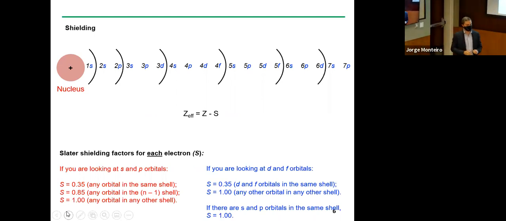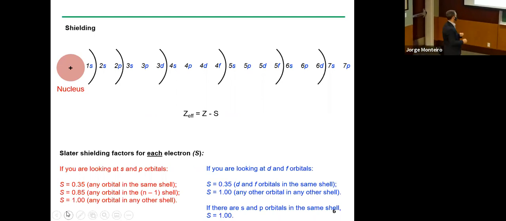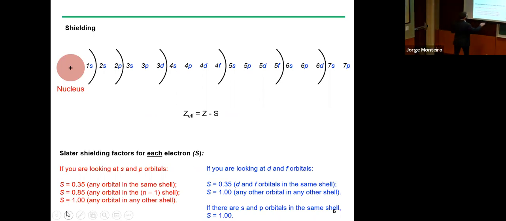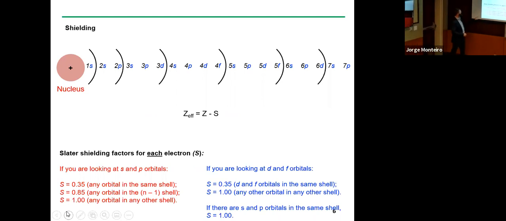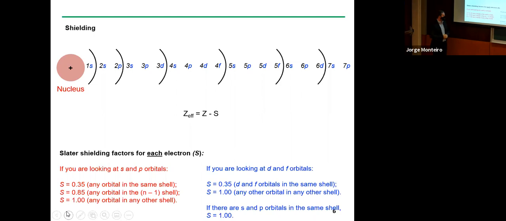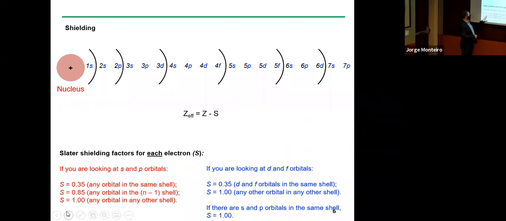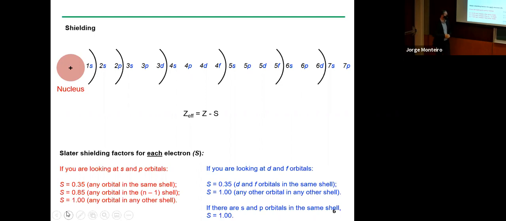If you are analyzing the effective nuclear charge and you are looking at s and p orbitals, S is going to be equal to 0.35 for any orbital in the same shell per electron, 0.85 for any orbital in the shell in front of the one you are looking at, and the shielding factor is going to be 1 for any other orbital in any other shell.